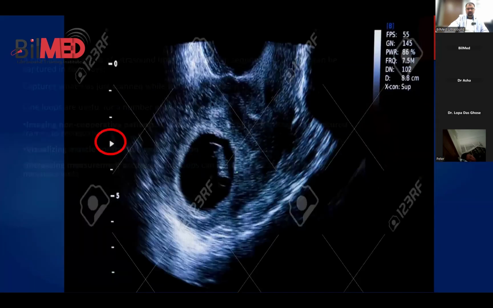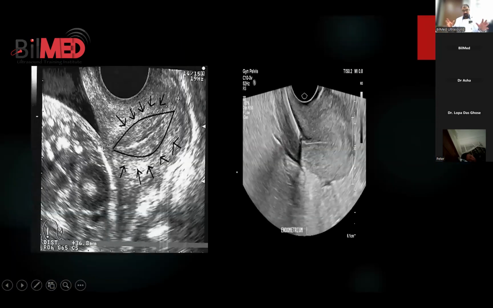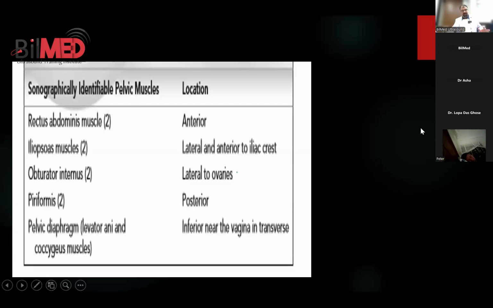Those who have not completed the gynae ultrasound course may not understand me, but those who have completed the gynae ultrasound course know that we have many pelvic muscles. When you put the probe, you will not be seeing only the uterus and ovaries. Many a time you will see the pelvic muscles also: the rectus abdominis muscle, iliopsoas muscle, obturator internus, piriformis muscles, and the pelvic diaphragm muscles can be seen.